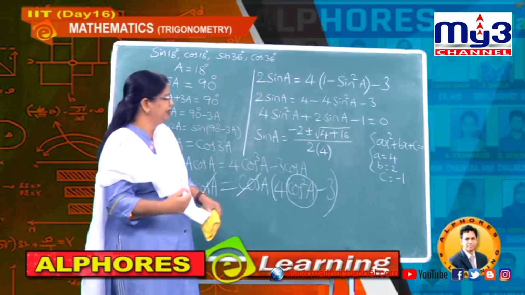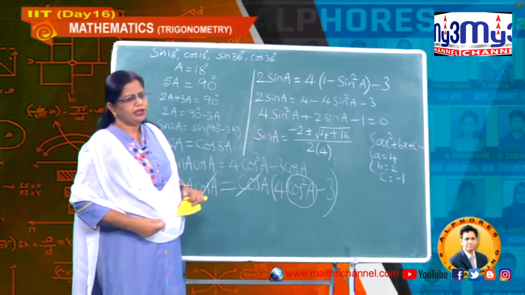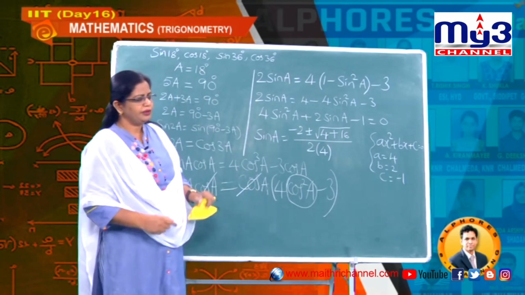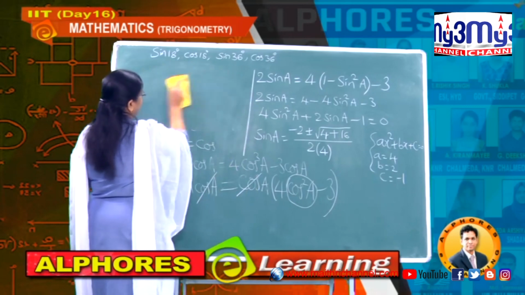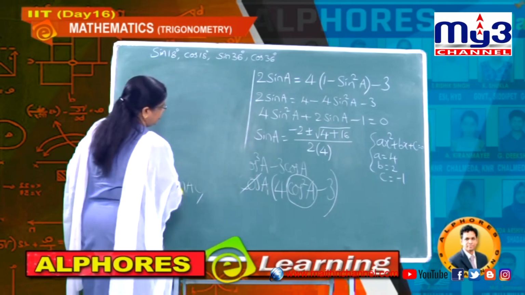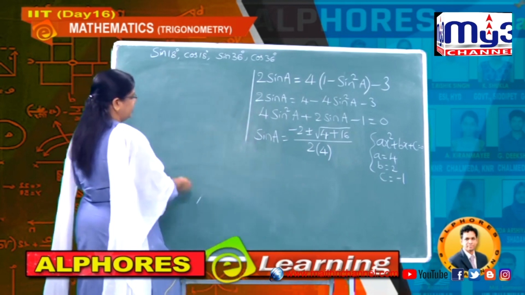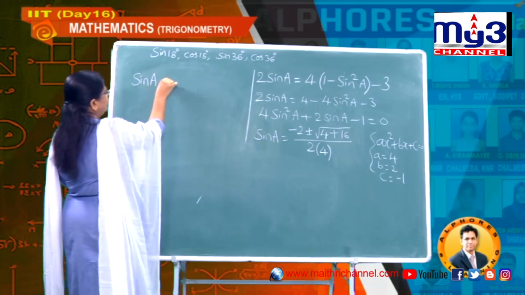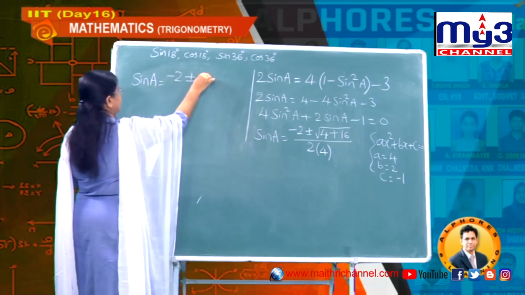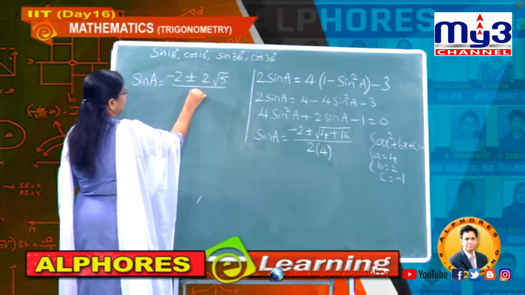Now what is this, the square root of 4 plus 16? It is nothing but root of 20. Root 20 you can write as 2 root 5. Hence sin A equals minus 2 plus or minus 2 root 5 divided by 8.